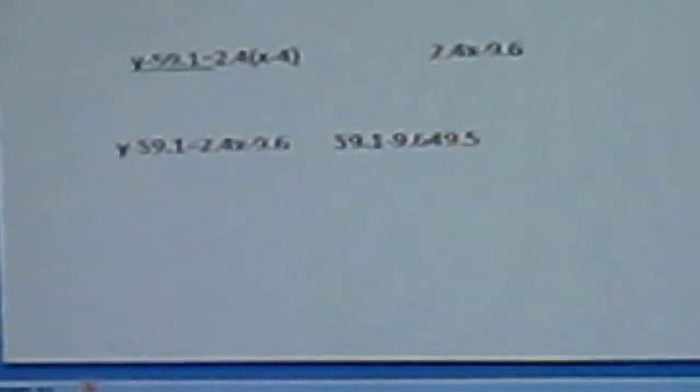Oops, we have to put the equal signs in there. So our equation, after we removed the negative 59.1 by adding it to the other side, was 49.5. So we just fill in the rest of the parts of the equation, and then that's our answer.